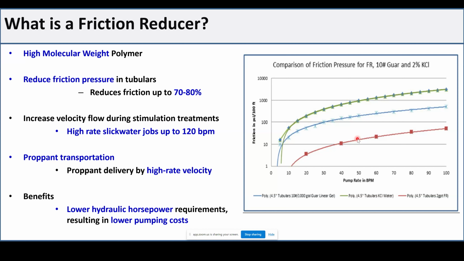It's not a fixed number. It's how much horsepower the company needs to frac your well. The lower the horsepower is, actually the lower money you pay to the surface company to do the job for you. So having the friction reducer, it can easily reduce friction pressure by 70 to 80%.